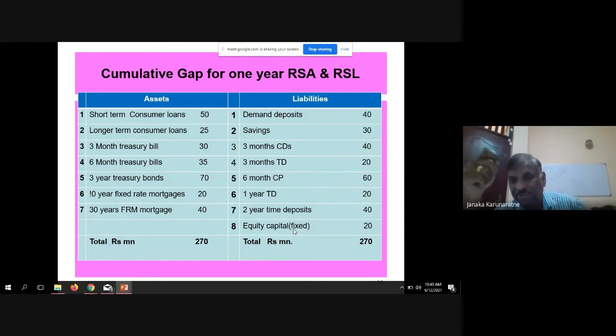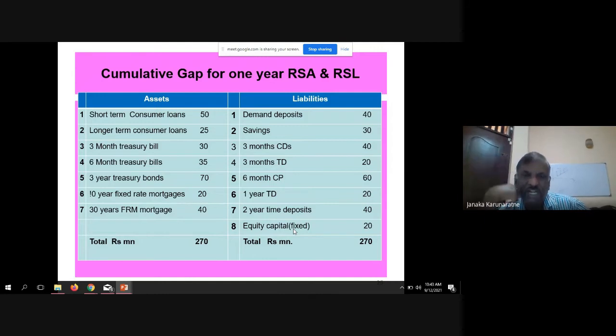But usually, since savings rates are kept at a very low rate, although in Sri Lanka sometimes we pay higher rates, the changes would be minimum unless there's a significant increase or decrease. So we will leave savings deposits.